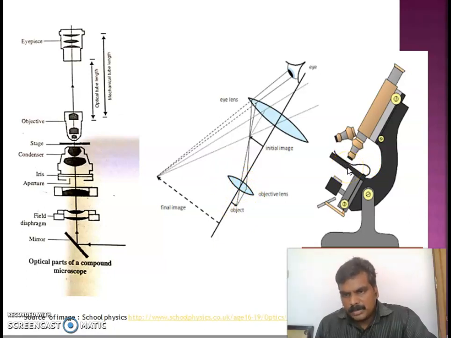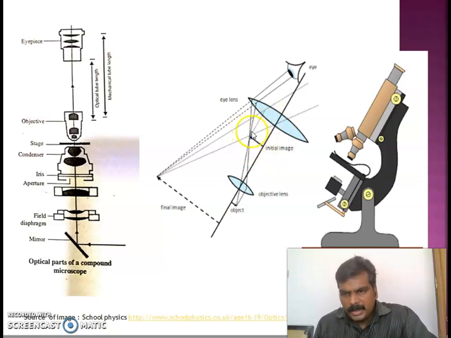From the object, the objective lens will make an initial image, and this initial image is often an inverted image. It will be formed in between the objective lens and eyepiece, within the focal length of the eyepiece.